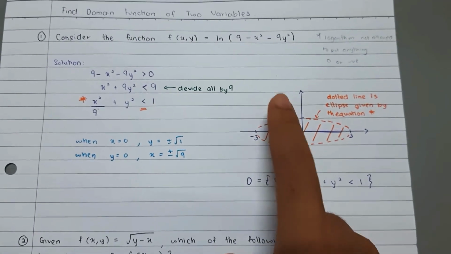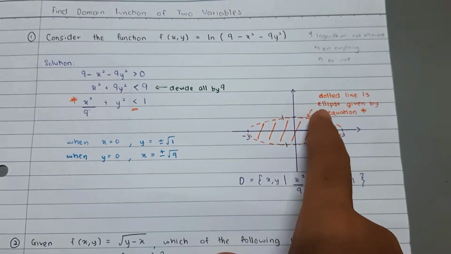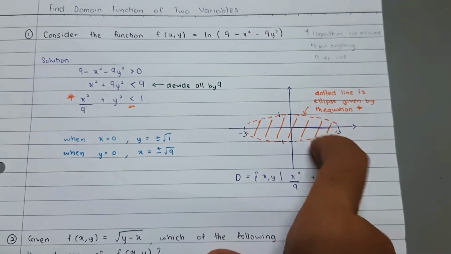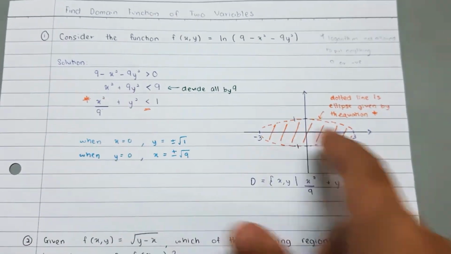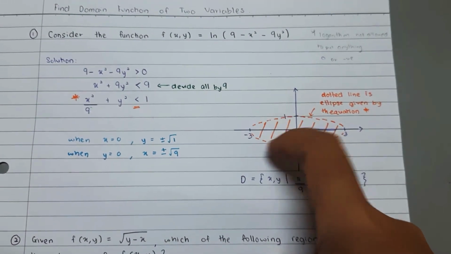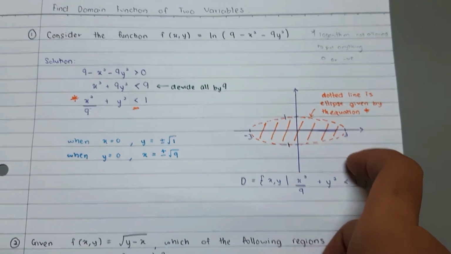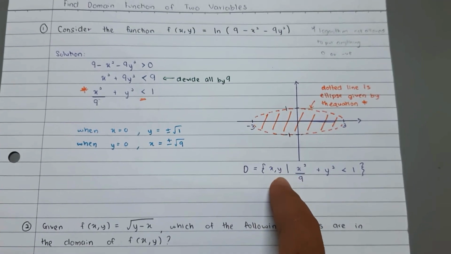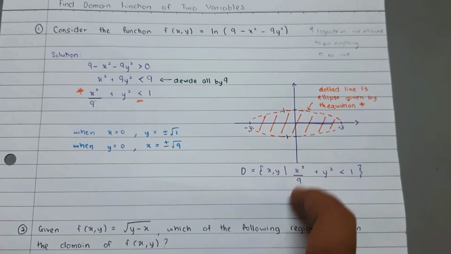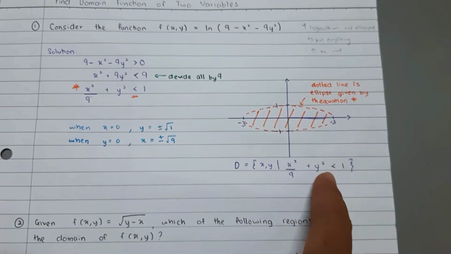I shade the area inside the graph because it's less than 1. So the area of the domain is inside this dotted line. So the domain of x and y is x squared over 9 plus y squared less than 1.